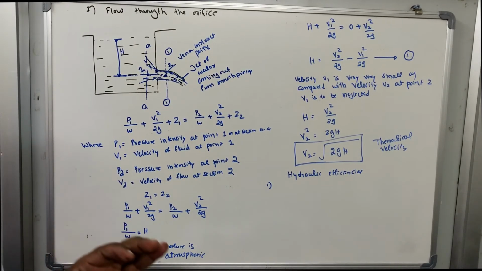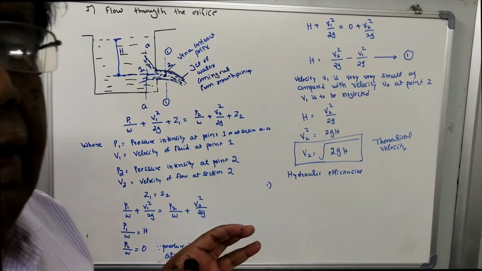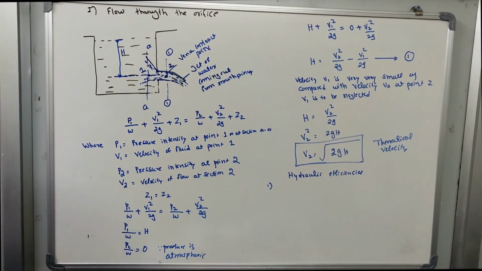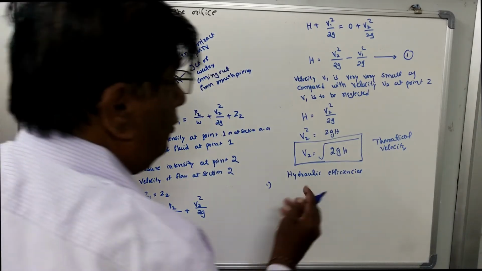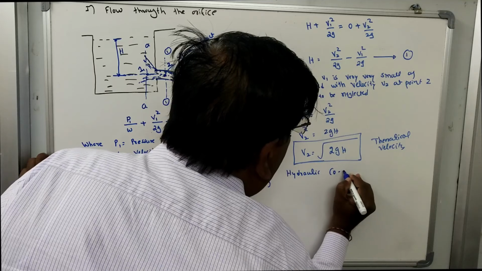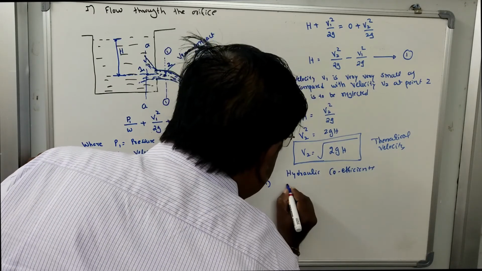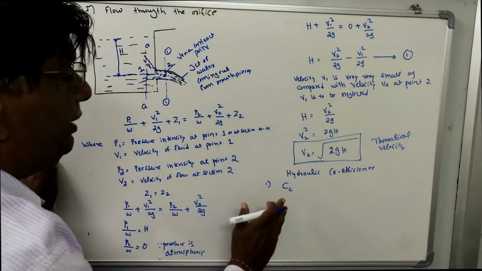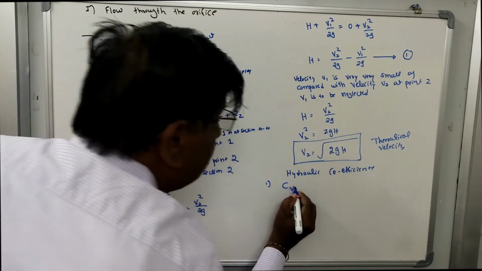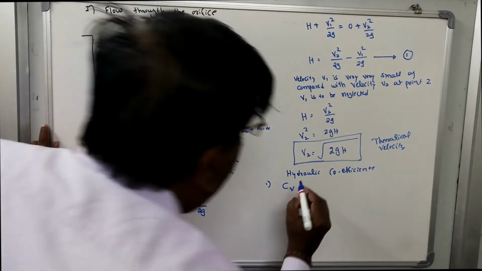For this we use certain coefficients, called hydraulic coefficients. One is CV, the coefficient of velocity.